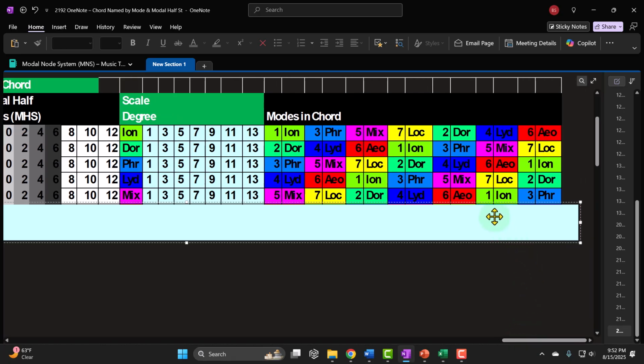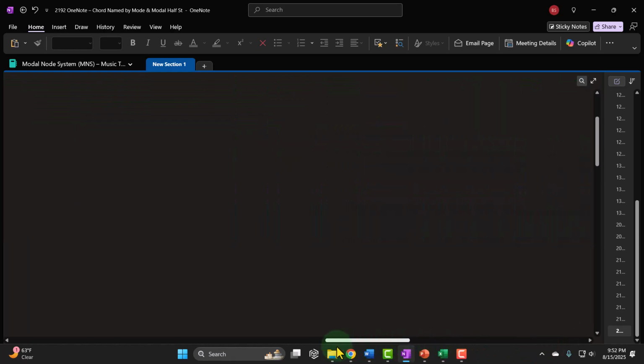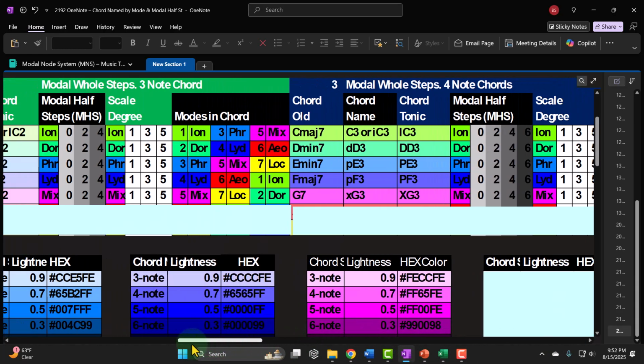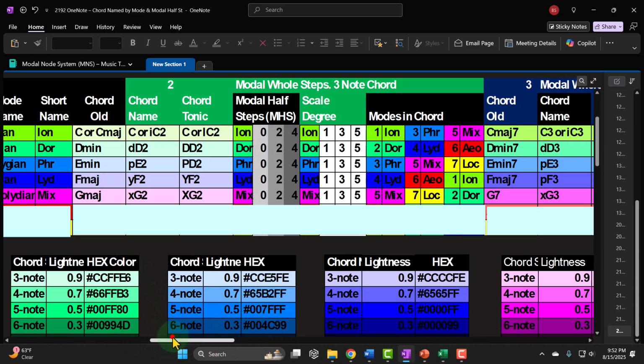We left off last time on the 1. 1 plus 2 means the 3. That means that the Phrygian would be 12 modal half steps up, or 13 scale degrees up, which we named the chord by.